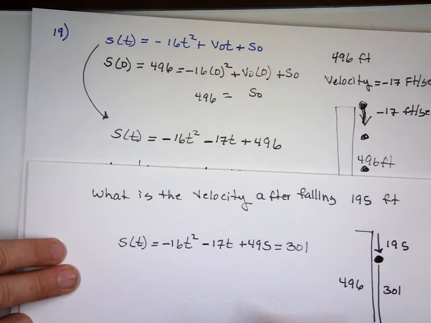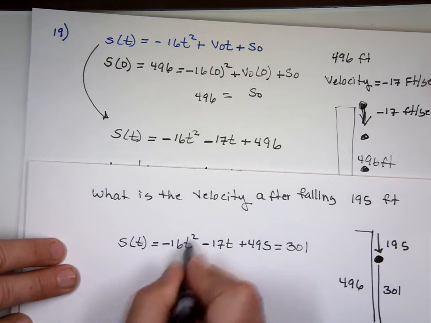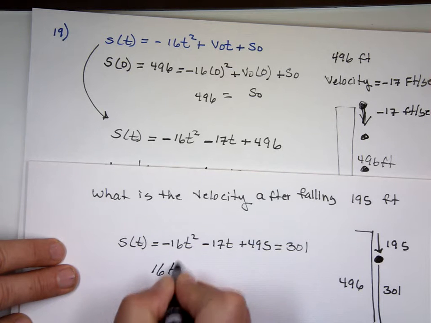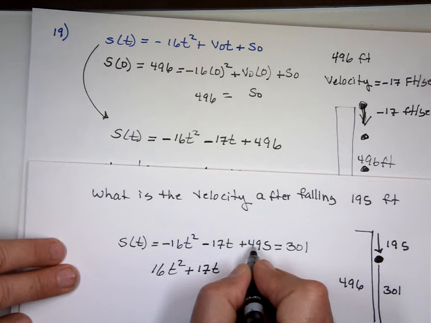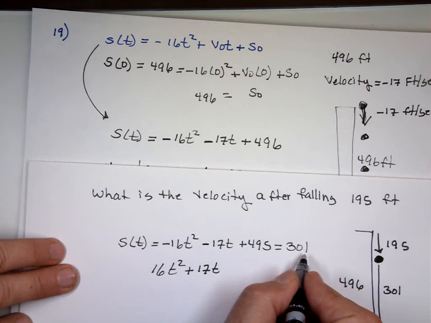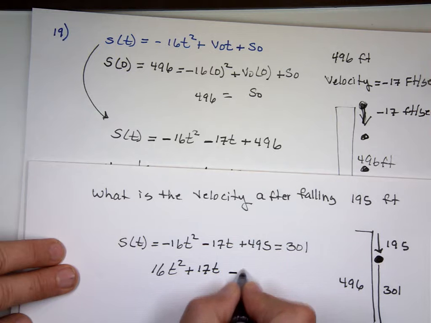Move everything to one side because I like the t squared to be positive. What's 301 minus the 496? Is that negative 195?